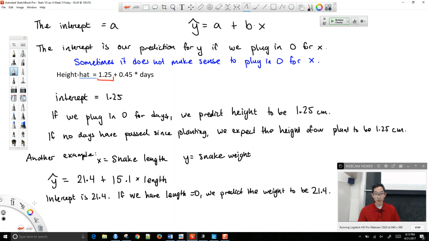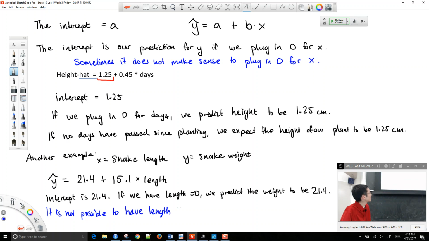Okay, but you cannot have length equal to 0. It is not possible to have length equal to 0. So a snake with length 0 is literally no snake. So it doesn't make sense.